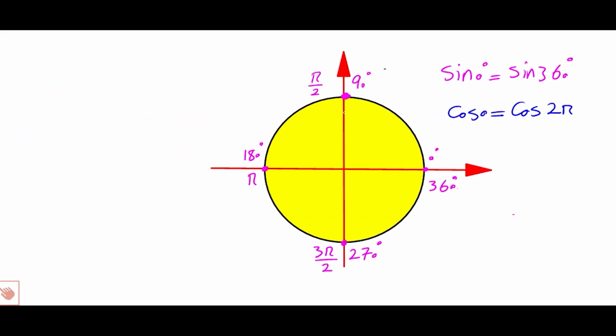Now we understand that the vertical axis represents sine and the horizontal axis represents cosine. We can conclude in the upper part, meaning the first and second quadrants, sine is positive, and on the right side, meaning the first and fourth quadrants, cosine is positive.